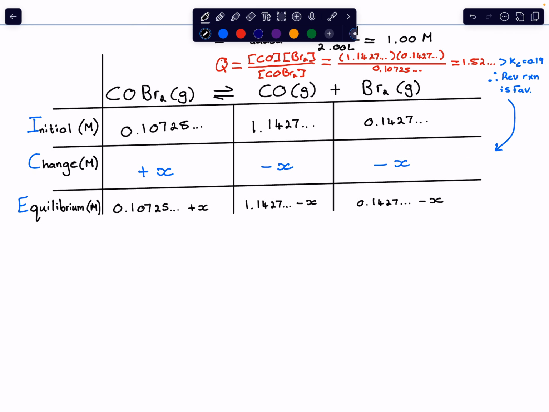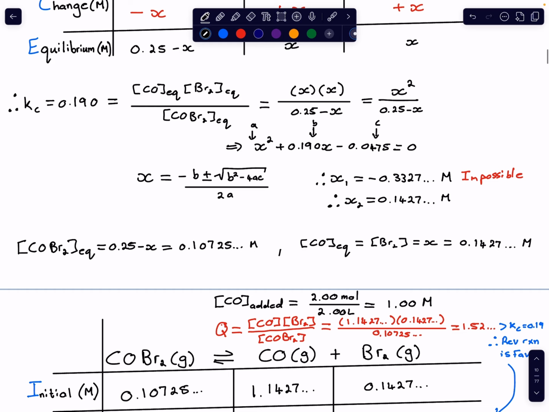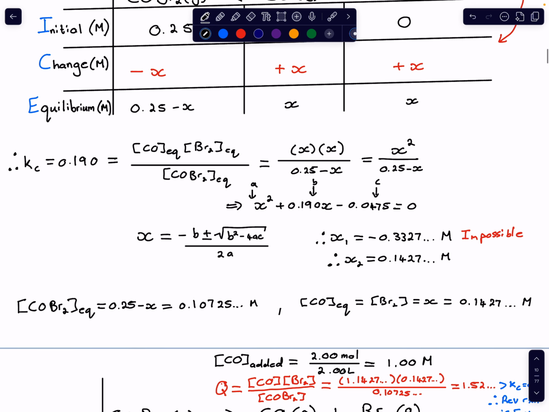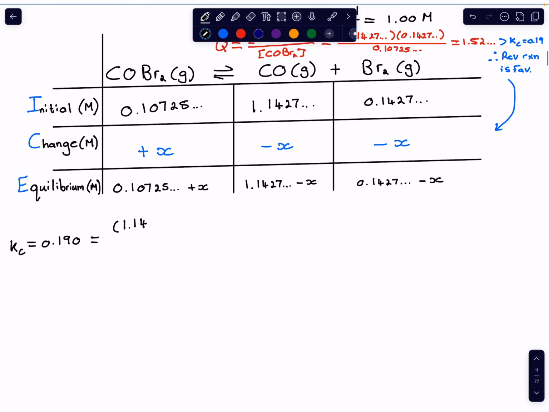And now, just as we did at the top, we use Kc to solve for x. Remember, Kc doesn't change unless the temperature changes, so Kc remains the same. So we just plug it in, 1.14, so it remains that same expression we had there.